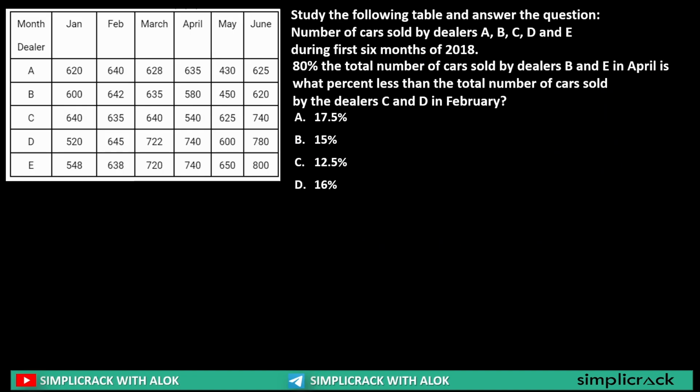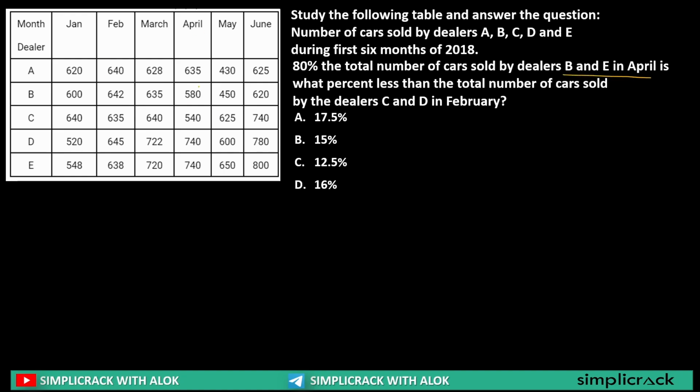So see, I have also included DI over here. Okay, sir, what is written? Study the following table and answer the question. Number of cars sold by dealers A, B, C, D during first 6 months of 2018. 80% of total number of cars sold by BE in April.